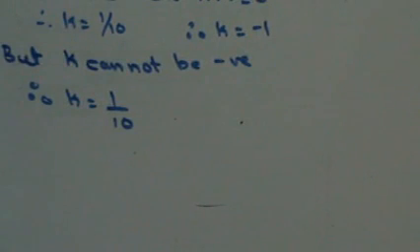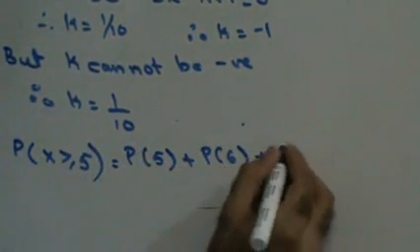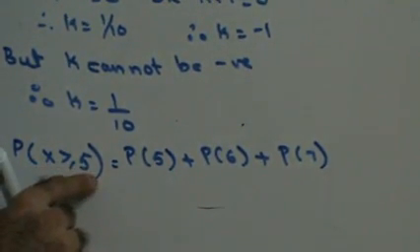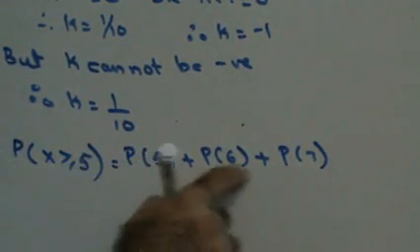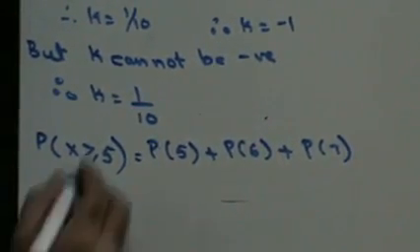Now in this sum, let's put in an extra question, because this will make things very simple. We found out the value of k. You have to find out probability of x is greater than or equal to 5. Probability of x greater than or equal to 5 will be nothing but probability of 5 plus probability of 6 plus probability of 7, all the numbers from 5 onwards.